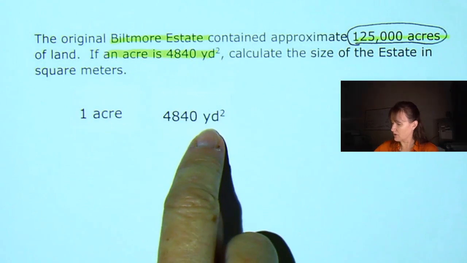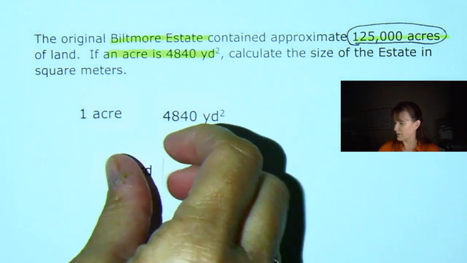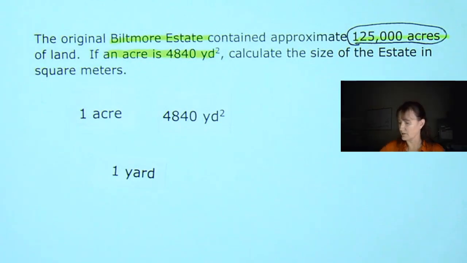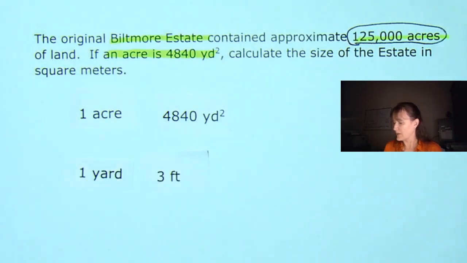So since we have yards squared, we're going to need to use what we know about yards. And we know that 1 yard is the same thing as 3 feet. We also know that 1 foot is the same thing as 12 inches.